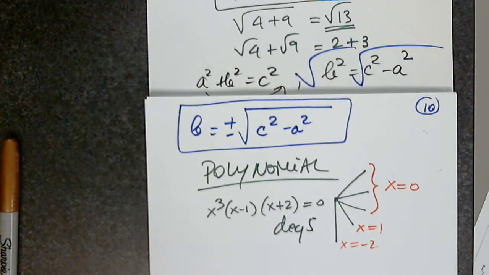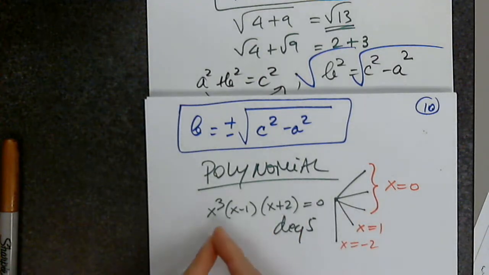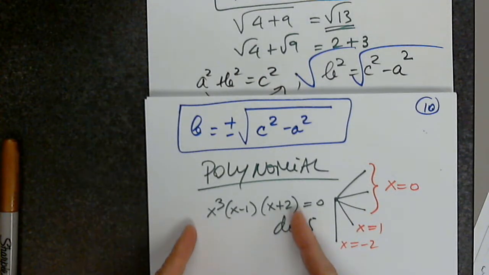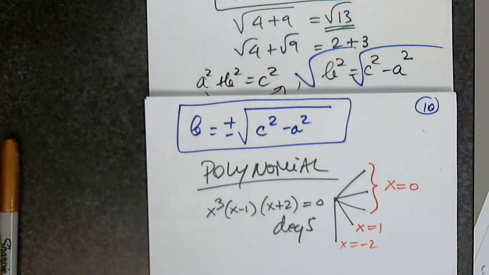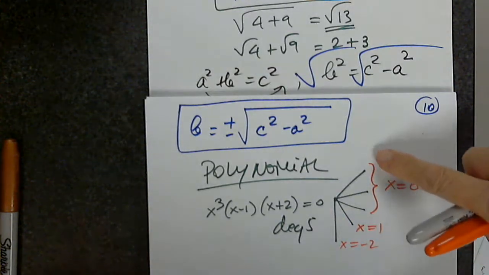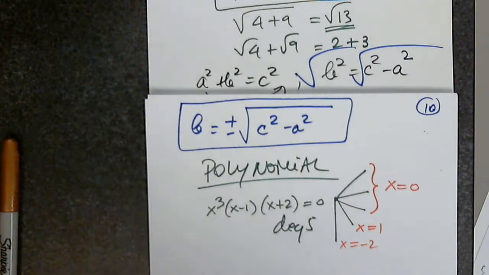Very important, crucial idea. You will see what happens when a polynomial has the same solution 3 times. I will refresh your memory on this when we get there. Okay? So that's a polynomial equation, degree 5. It has to have 5 solutions. It happened that 3 of those were the same, and then 1 from here and -2 from here.